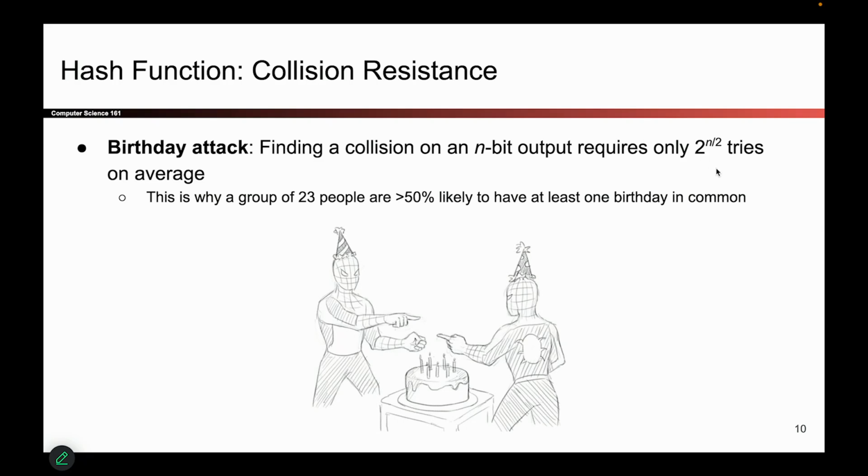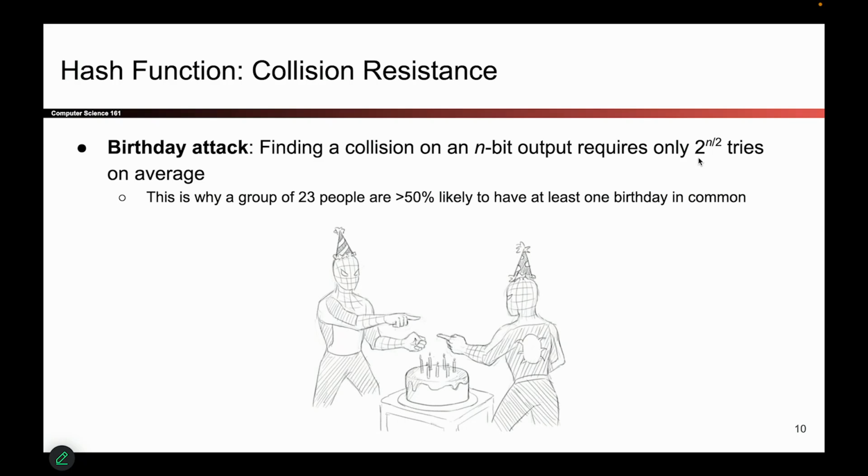Where the n over 2 comes from, we won't talk about here. You can look up the birthday paradox. But the key thing here is that this is not polynomial, it's exponential. If this said something like n squared, it would be pretty easy to find a collision. But because it says 2 to the n, we know that this algorithm would take exponential time. And if you had, for example, a 256-bit output, this number would be 2 to the 128 tries.